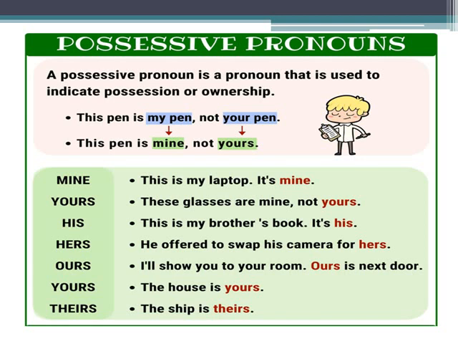We can use a possessive pronoun instead of a full noun phrase to avoid repeating words. For example, is that John's car? Now, in order to answer this question, instead of saying no, it's my car, we can even say no, it's mine. So, possessive pronoun is also used to avoid repeating words.